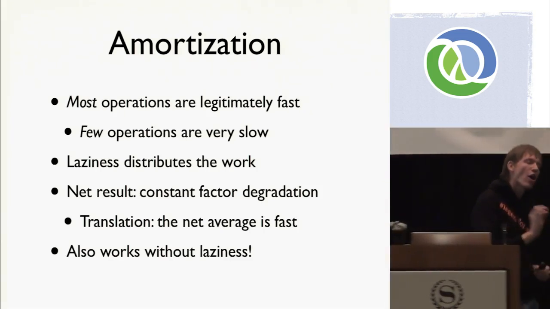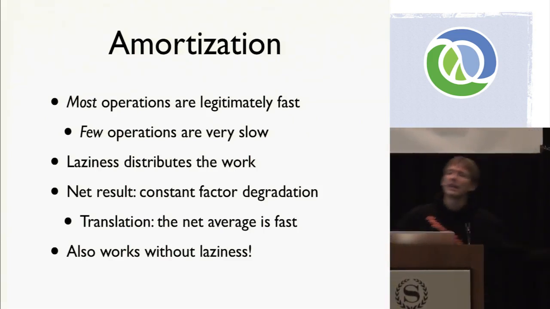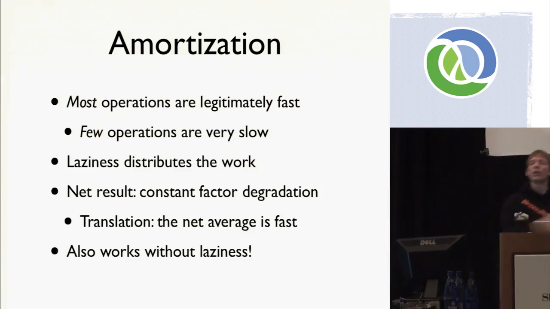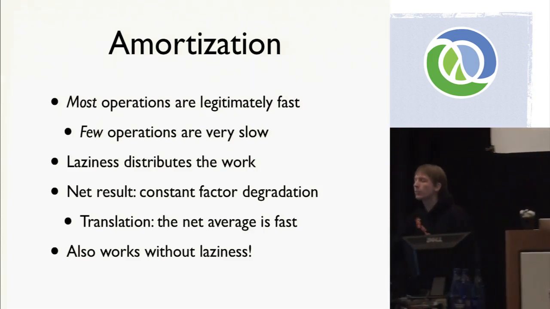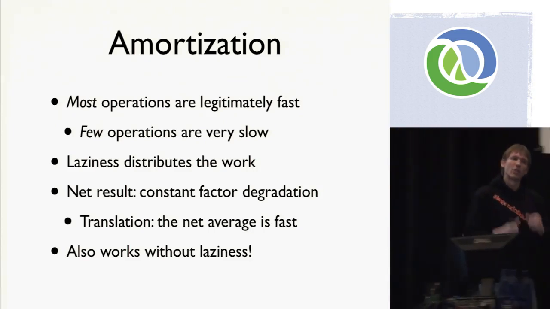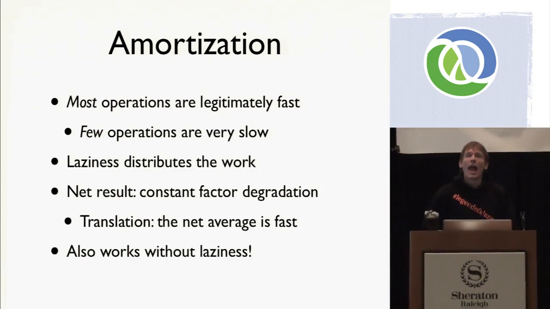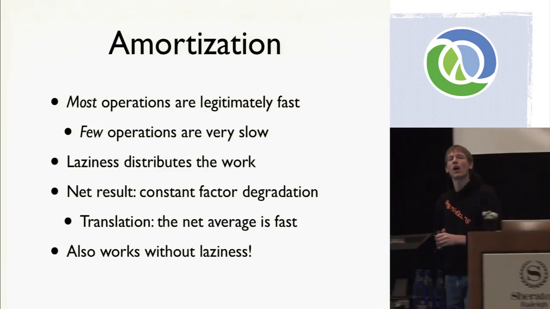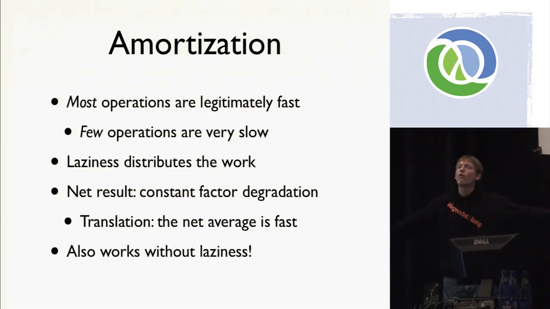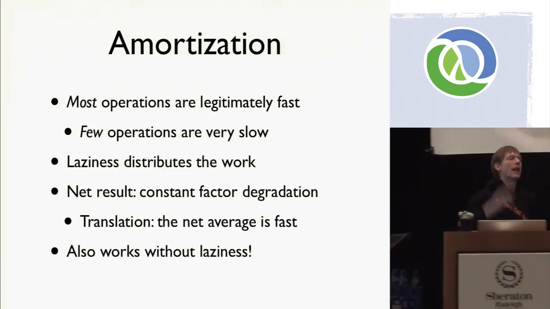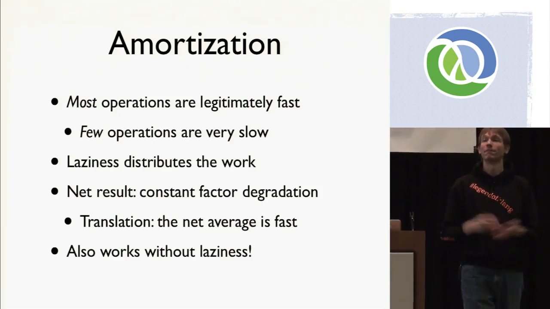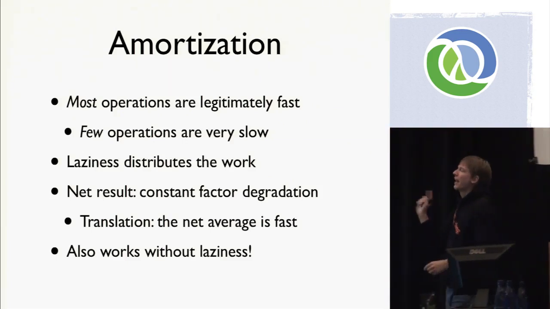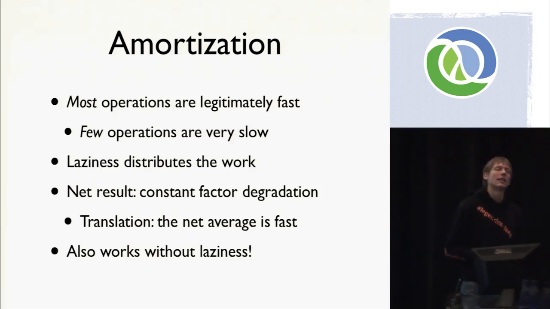And the argument we have to make is that the seldom run slow operation, the reverse and concatenate thing, is exponentially infrequent with respect to the fast operation. And if you can make that argument, then you can take the cost of the slow operation and distribute it over the cost of the fast operation, and it all goes to a constant factor over time, right? Amortization.